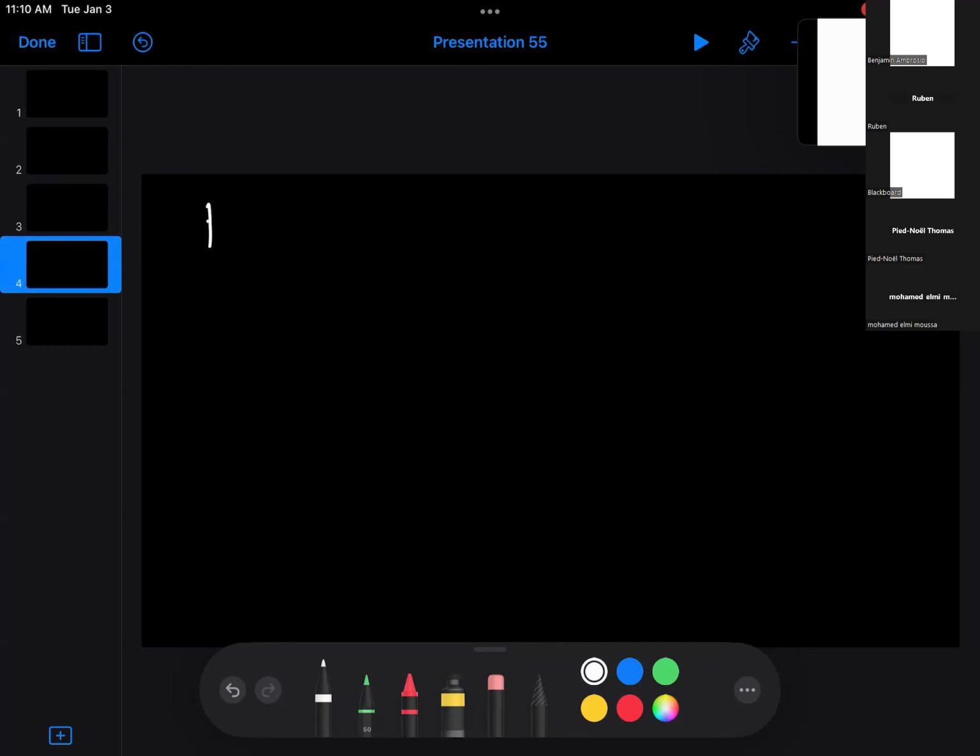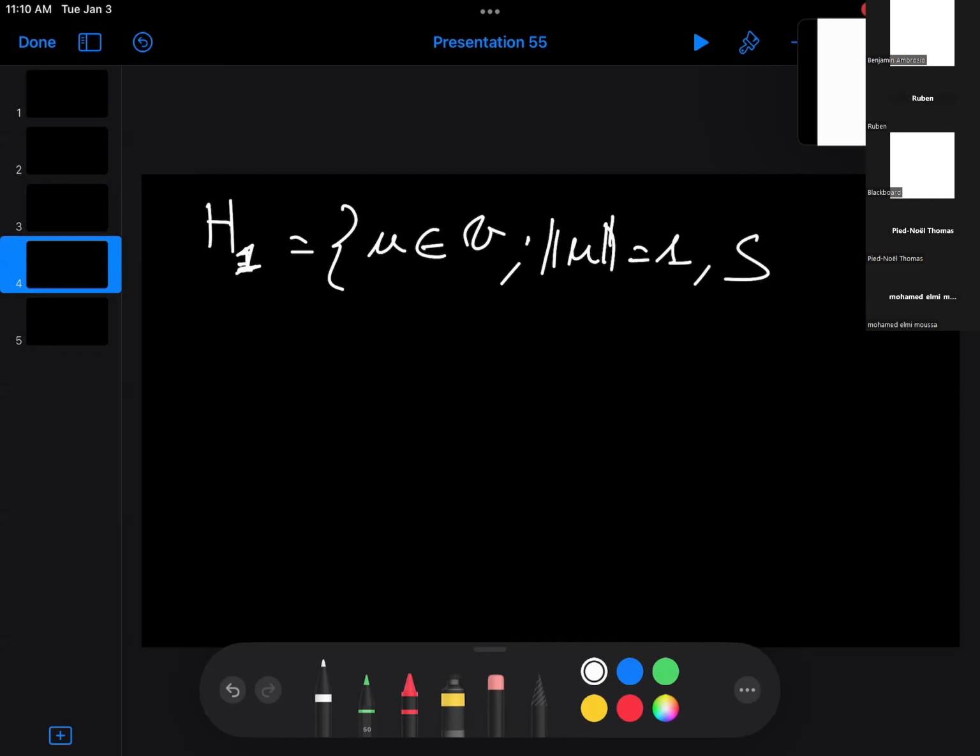I will write that H1 is the set of the functions in V such that the norm of u in L2 is 1, and the integral over u is 0.